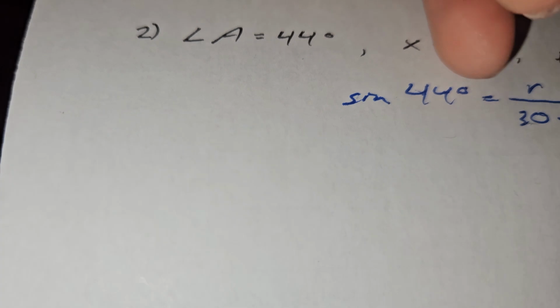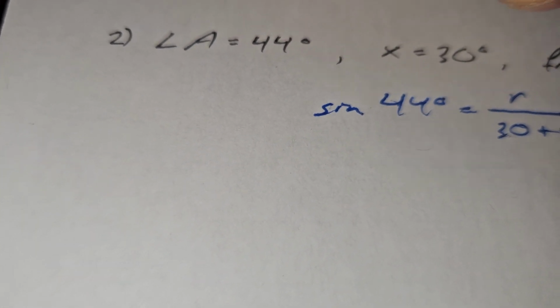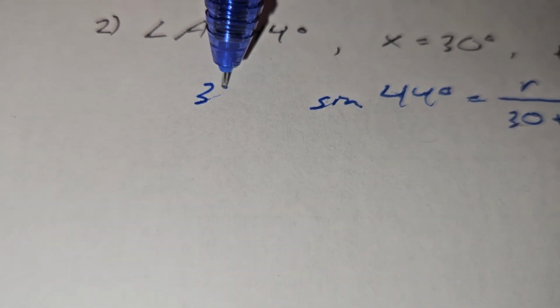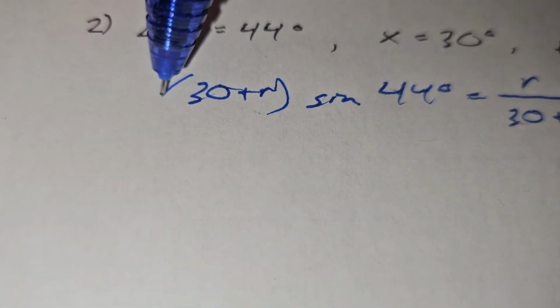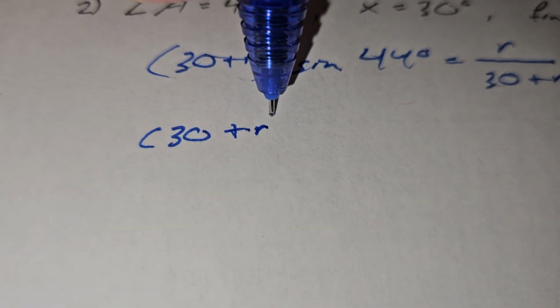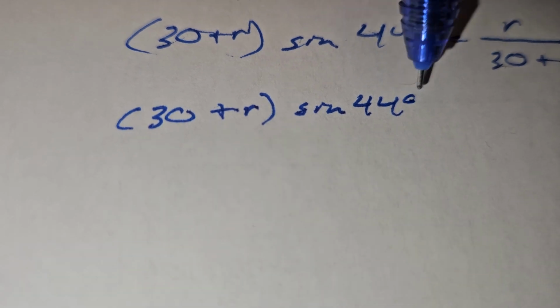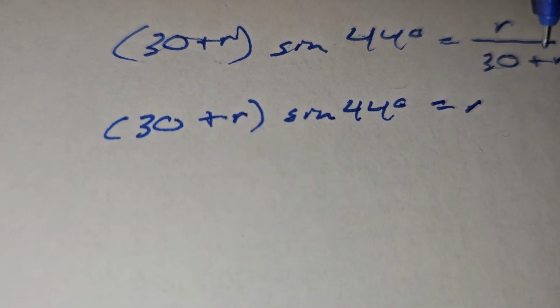Again, multiply both sides by 30 plus r. And so this gives us 30 plus r times sine of 44 degrees is equal to r.